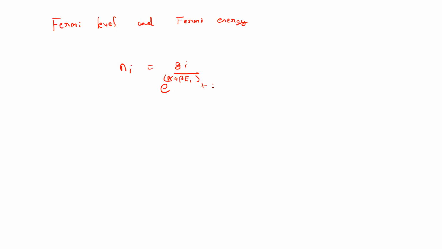So plus 1. Okay. So this was our law. Now we're going to again talk about a continuous distribution, so I'll change it to n as a function of E. g also will become a function of E, and this will also become a function of E.